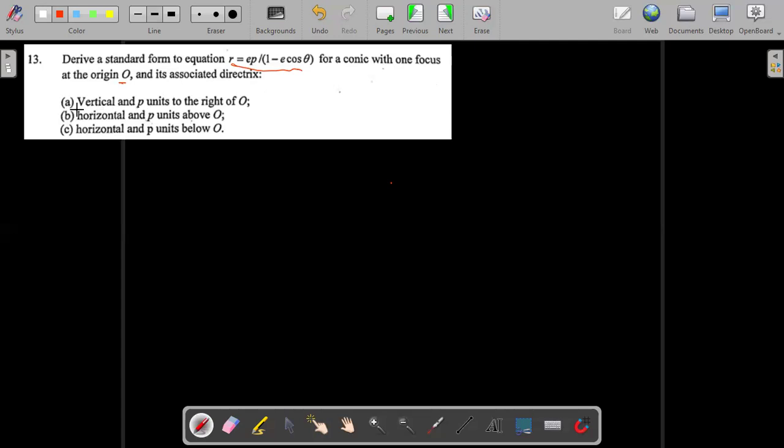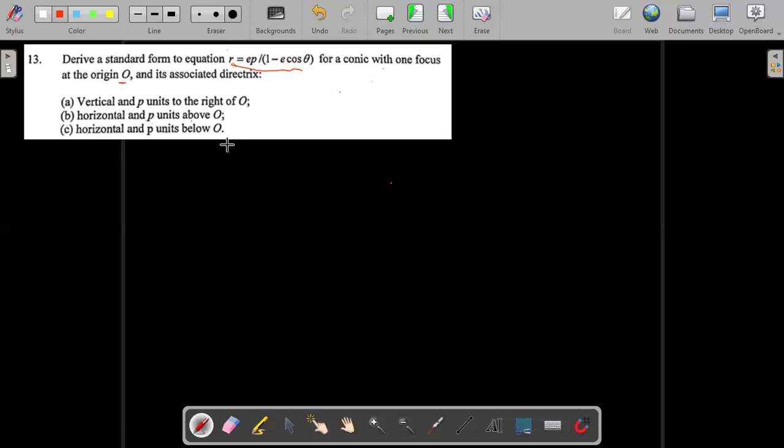So the directrix of that conic section, which has its focus at the origin, is, as they're telling us in part A, vertical and P units to the right of the origin, horizontal and P units above, and horizontal and P units below the origin. So you have to find these for those points.